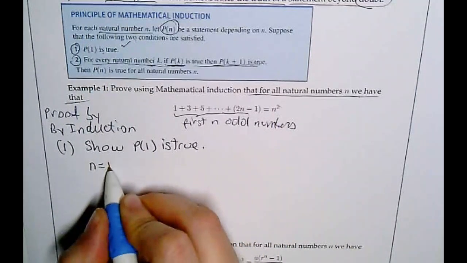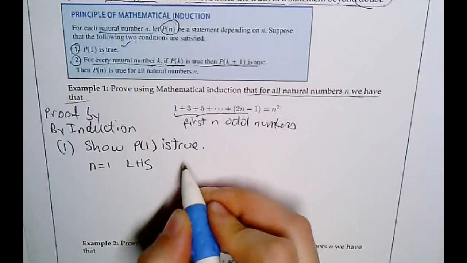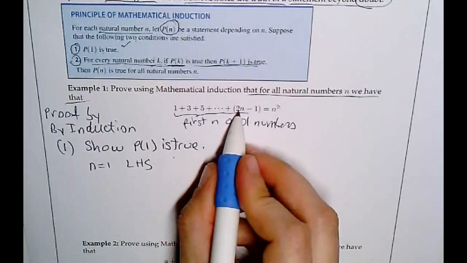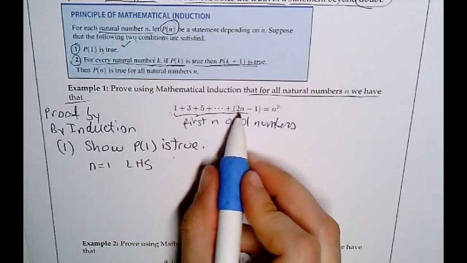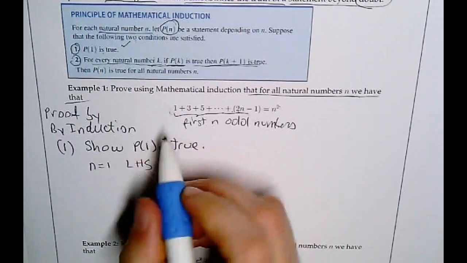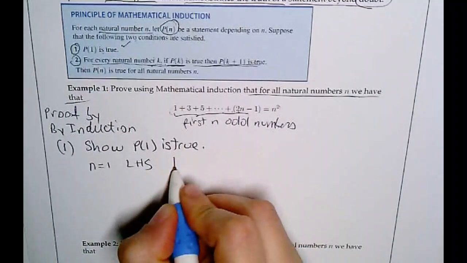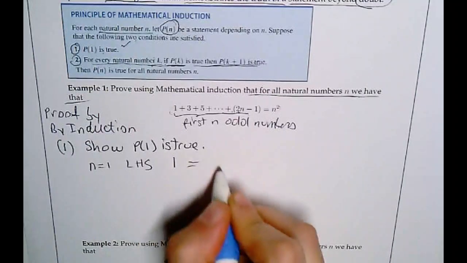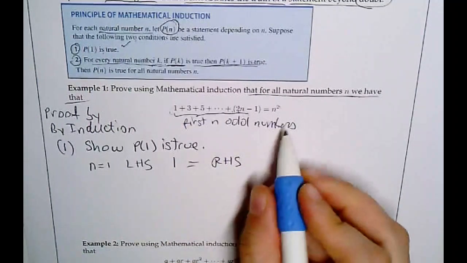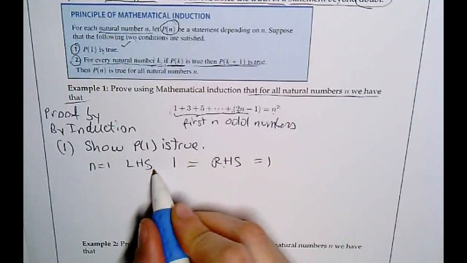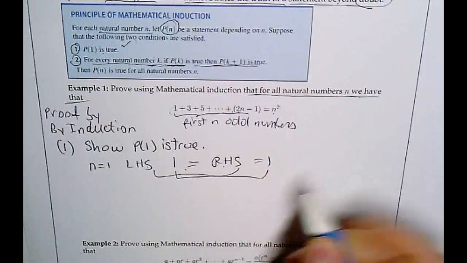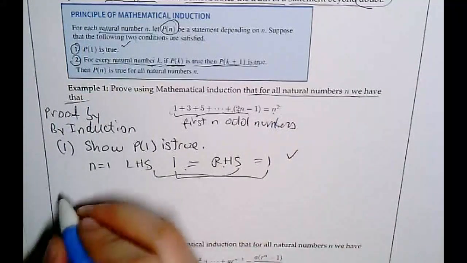For n equals 1, I'm going to have just the first term. 2 times 1 minus 1 is 1, so I'm just going to have 1 on the left-hand side, equals, what's the right-hand side? 1 squared. So the left-hand side equals the right-hand side because 1 equals 1. So P of 1 is true.